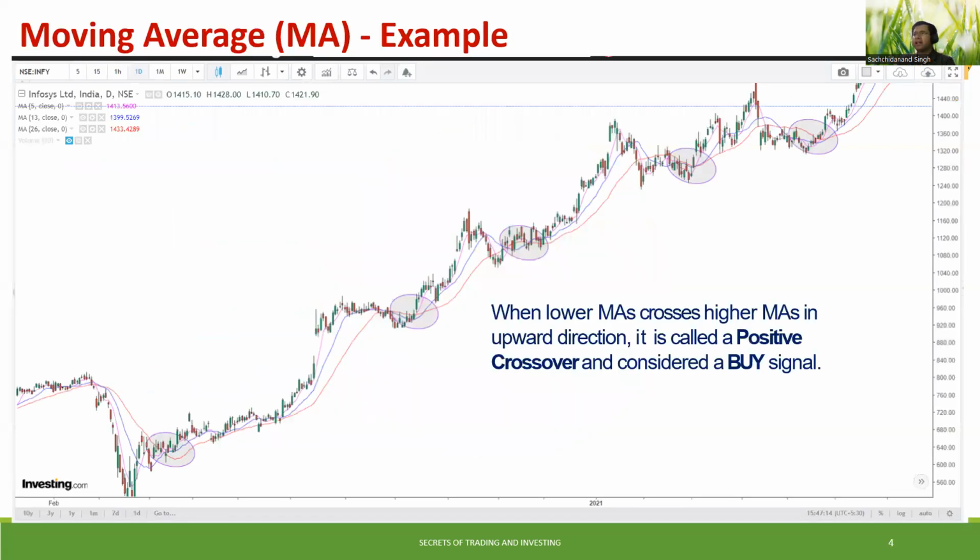Let us look at some examples. Why do we specify 5, 13, or 26? This is to have significant gaps. So last 5 days versus last 13.